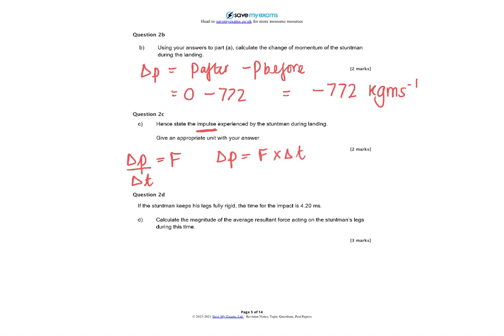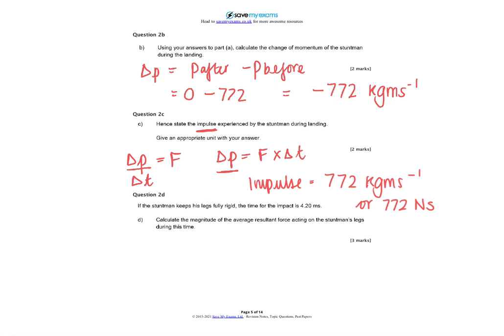However, here it's just asking us for the impulse, which is exactly the same as change in momentum. So here our impulse is just going to equal our 772 kilogram meters per second, or we can use a different unit if we want for impulse, Newton seconds.